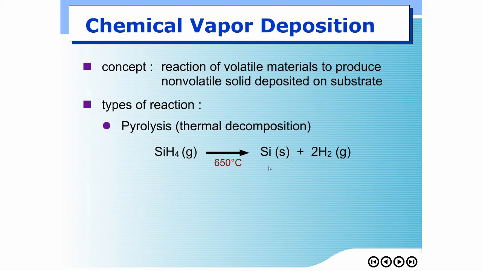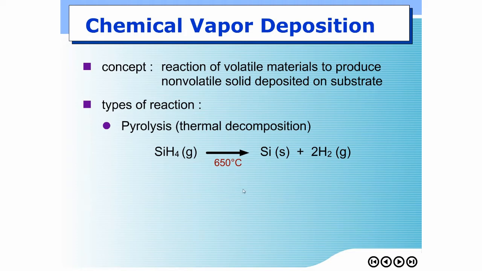That means you will have silicon nuclei form in the vapor. This is not what we want. We want silicon nuclei to form on the substrate. So it would be easier if we control the temperature of the substrate to be 650 by heating the substrate only, and the vapor above the substrate is supposed to have a temperature lower than this initiation temperature, so that we can control the reaction to take place only on the substrate. Alright, so this is the concept.